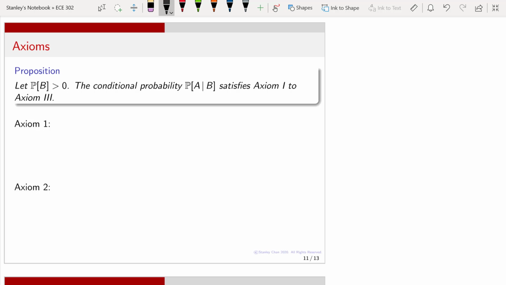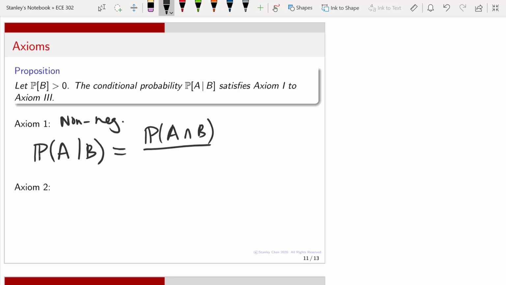Axiom 1 says non-negativity. If you apply this to the probability of A given B, this is a conditional probability on B. So B is assumed to be fixed and known, so you're conditioning on B only. This gives you the intersection of A and B divided by the probability of B. And you can see that, by construction, this is positive.